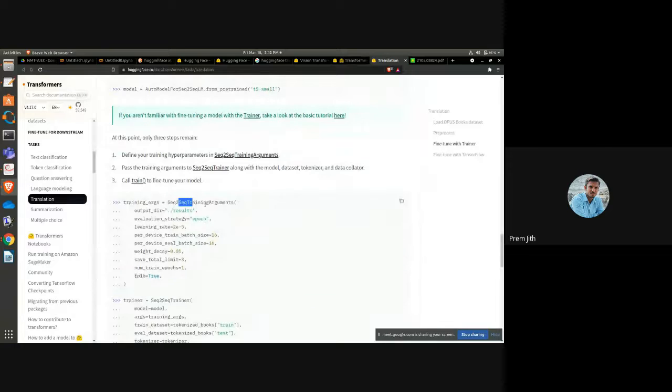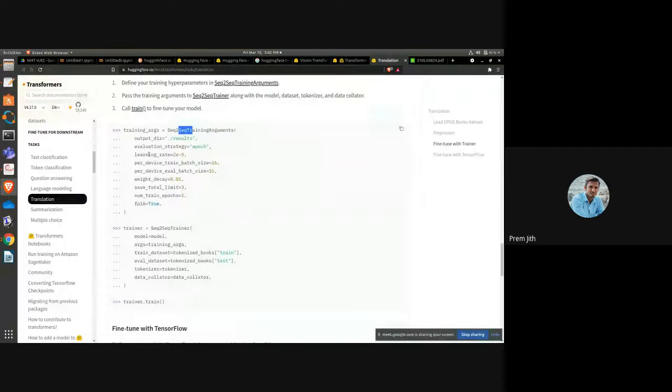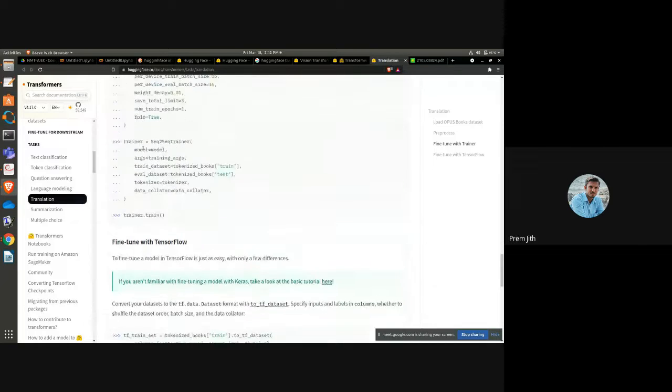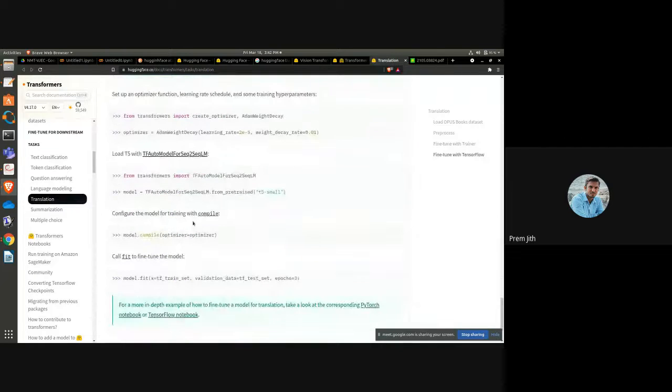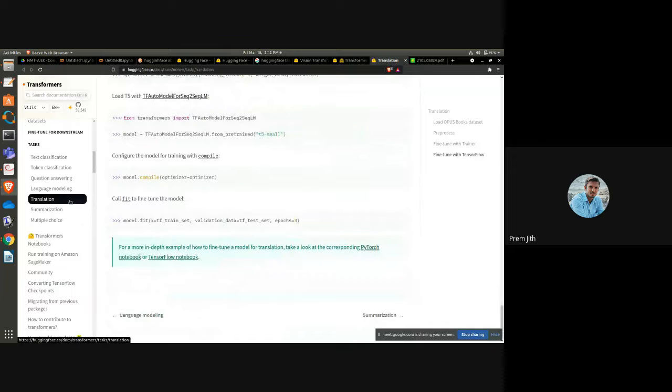Then sequence-to-sequence training arguments: output directory, evaluation strategy, epoch, learning rate. All those things are the same. Then the trainer is called. It is a similar kind of application to the classification we discussed now. The same concept is used in translation also.